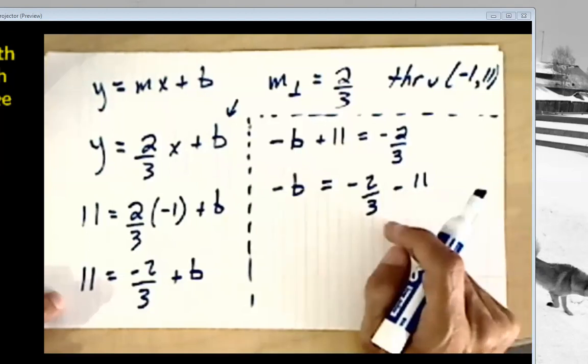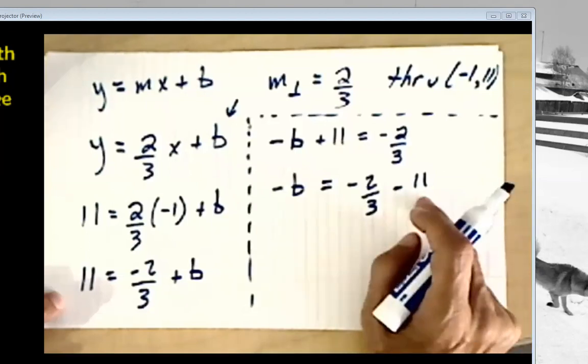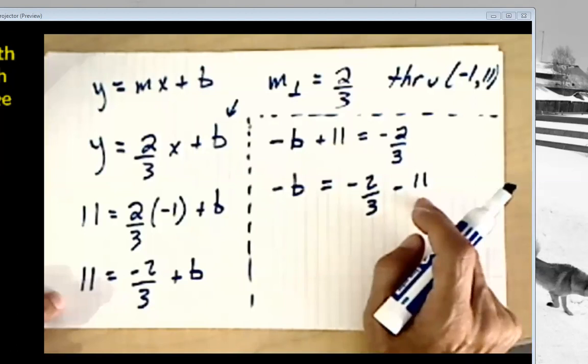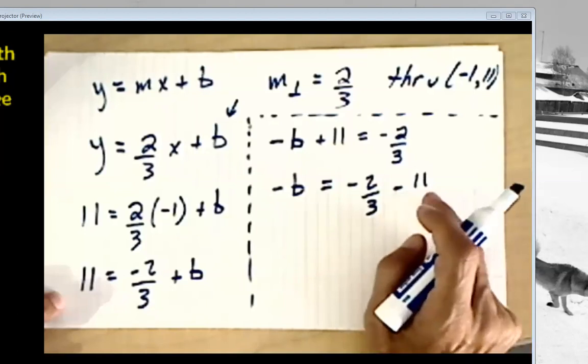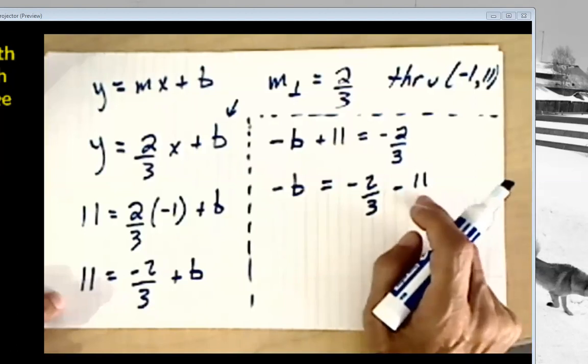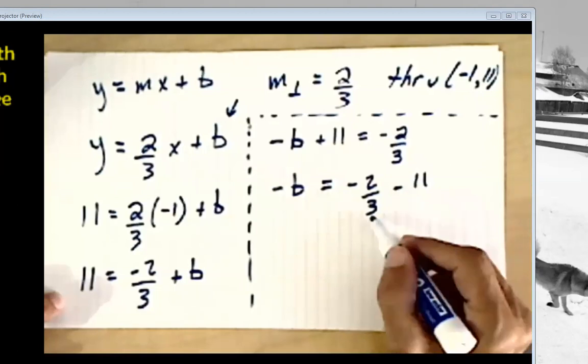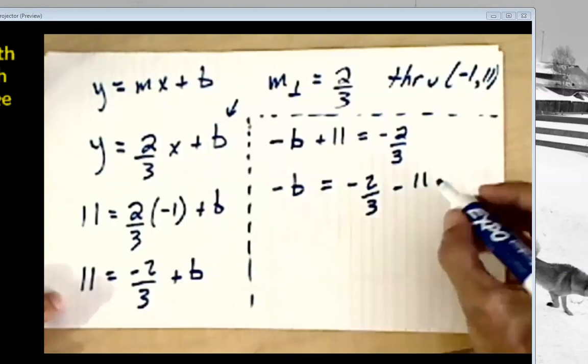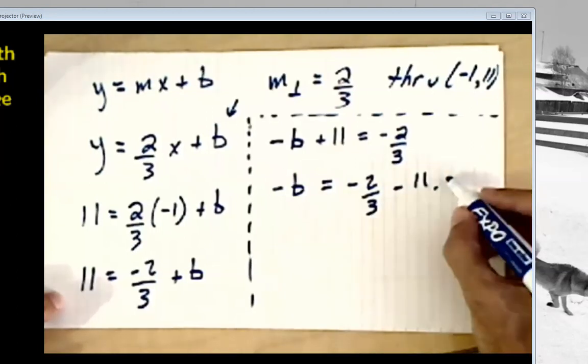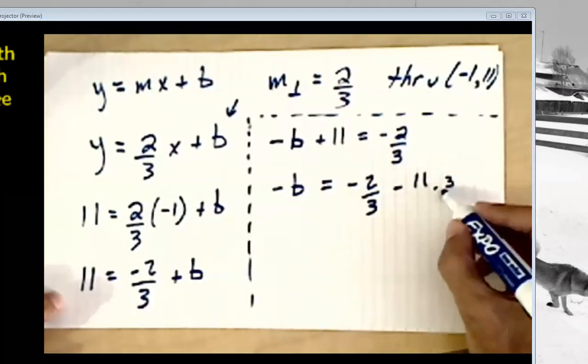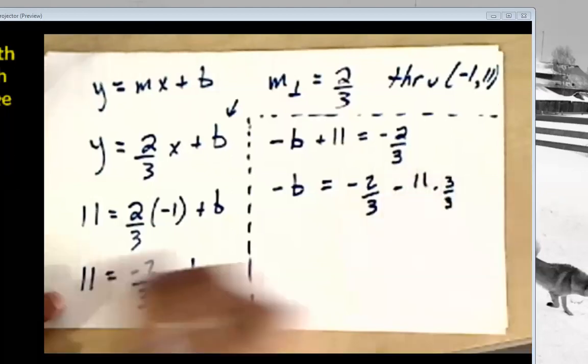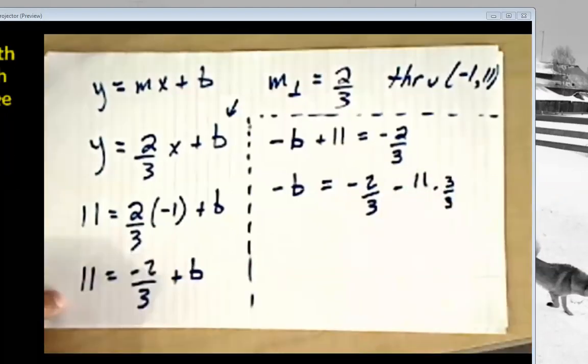Okay, no, I don't think so. Yeah, we got to get the 11 having the same denominator as the other fraction. That's how fractions work, right? So we'll multiply the top by 3, and then the bottom by 3 as well.